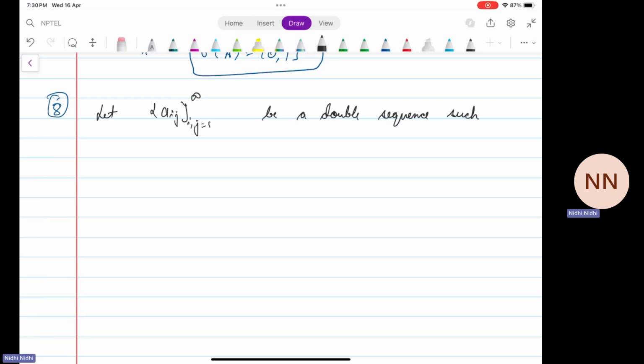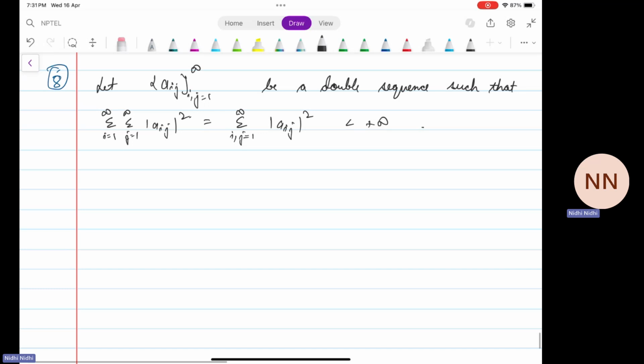Such that the series summation i, j from 1 to infinity aij square is finite. So the sum is actually summation i from 1 to infinity times summation j from 1 to infinity aij square. This is finite.